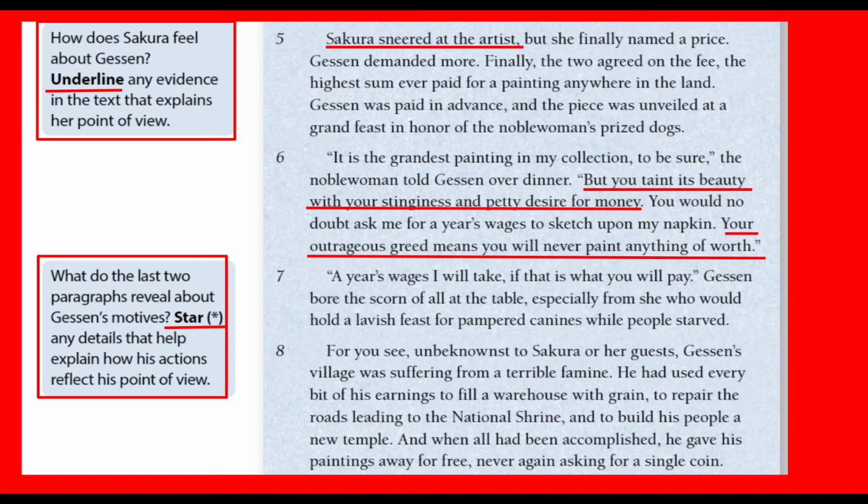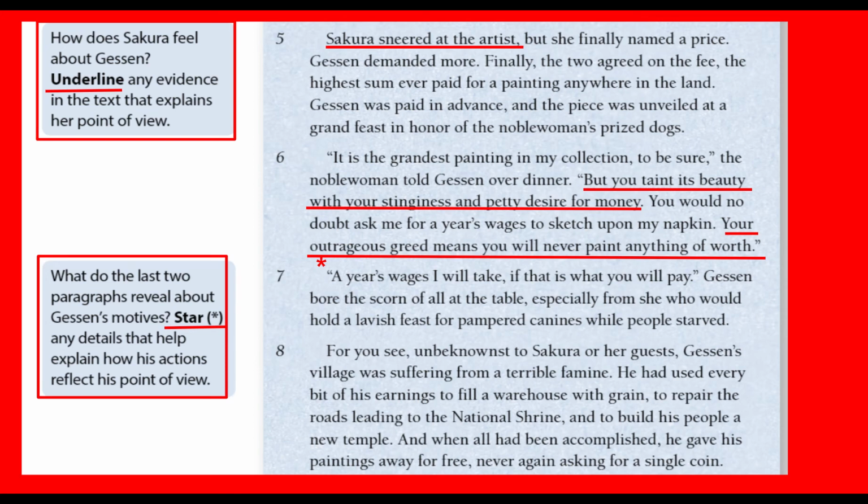All right, guys, so I'm assuming that you are back because you have found some details that explain how Jeshin's actions reflect his point of view. So now let's start going over a few of those together. So the first thing I starred was the sentence, "A year's wages I will take if that's what you will pay."